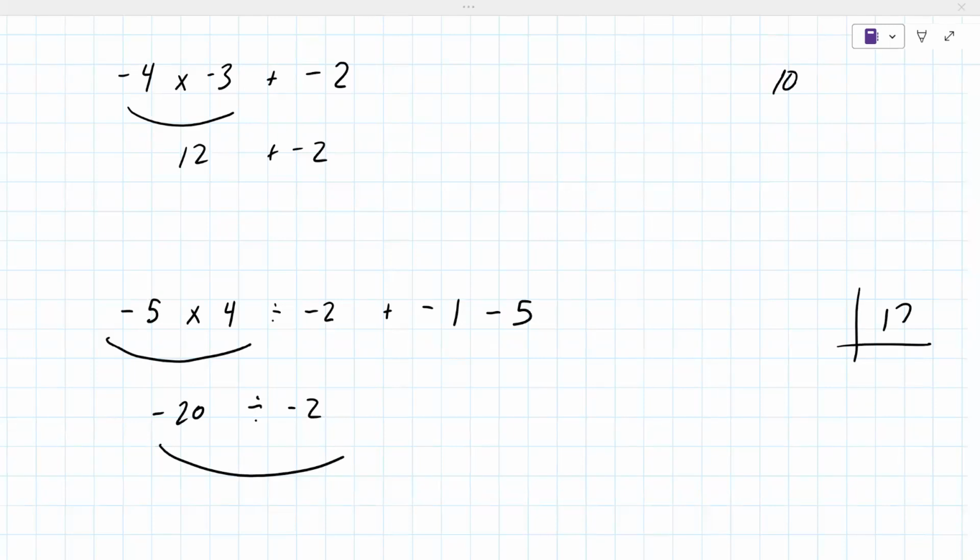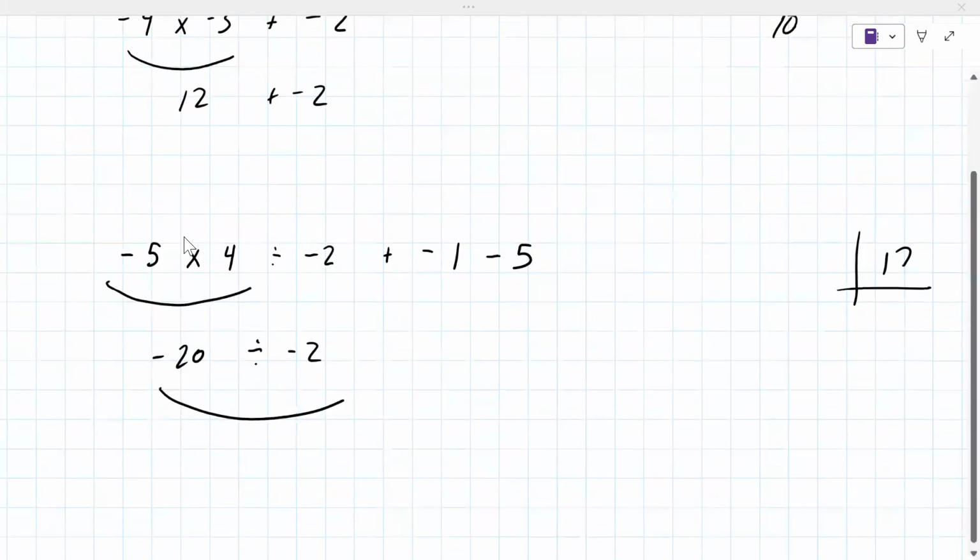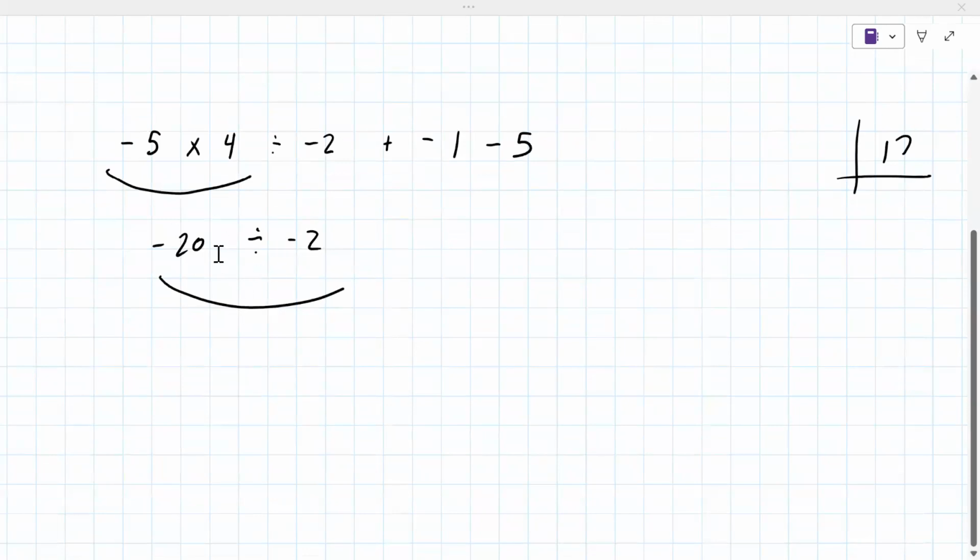I got 4 for this division? No, not with that. Well, tell me this part. What is -20 divided by -2?